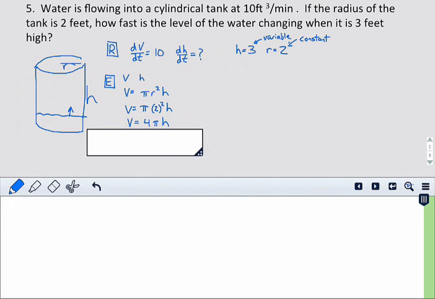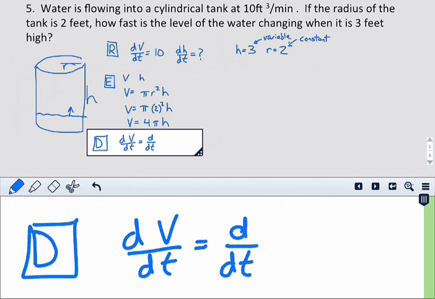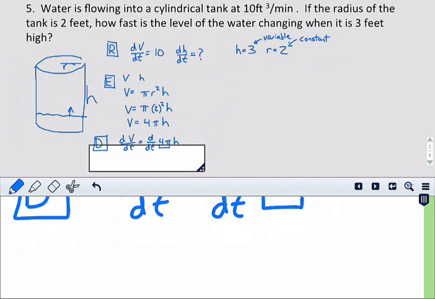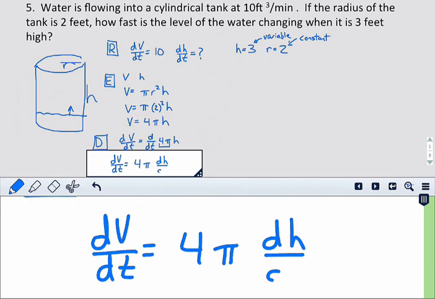Now we can go ahead and derive. So we're going to take our derivative of v with respect to t. It's going to be our derivative with respect to t of 4 pi h. Now you'll notice here that 4 pi is just our constant. So dv over dt will just be 4 pi times dh dt. So we still have our chain rule there.